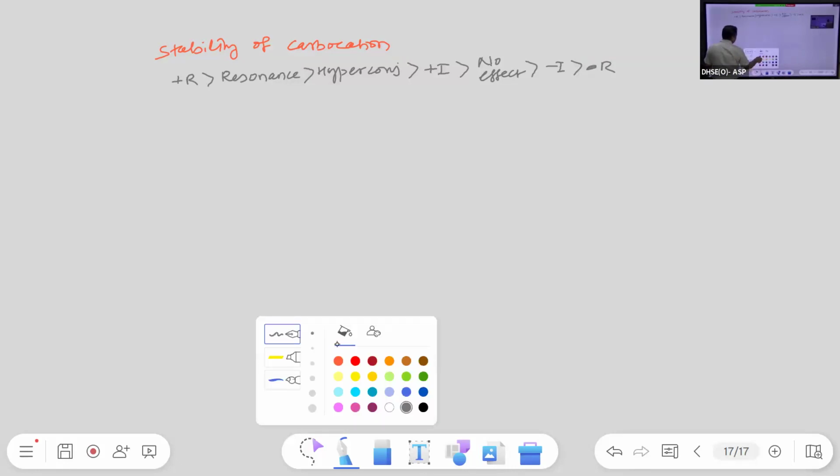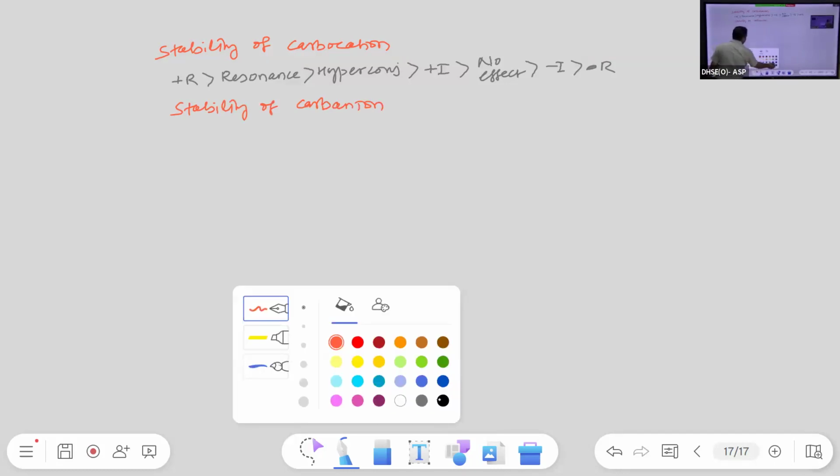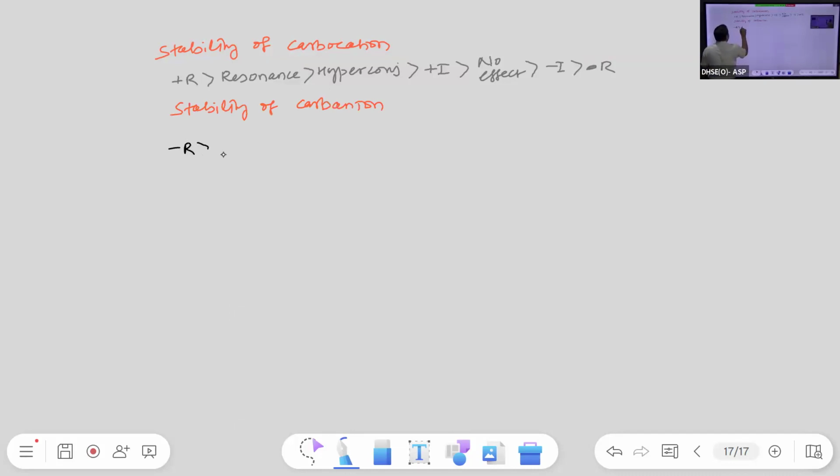Okay. Next, stability of carbanion. So it is minus R, then resonance, or you can take back bonding.